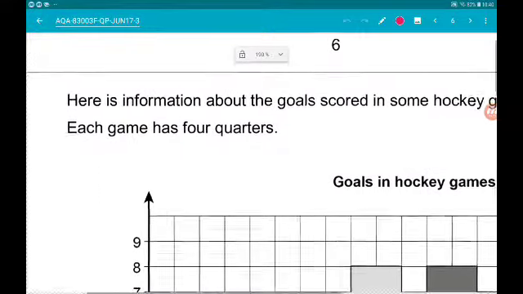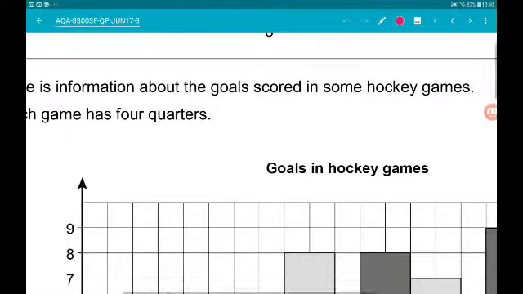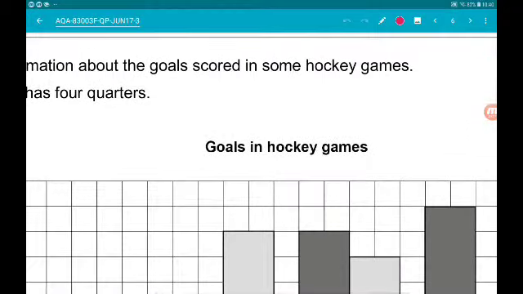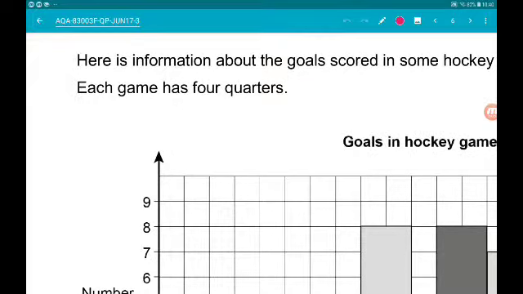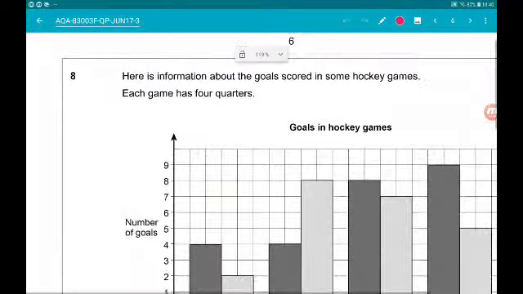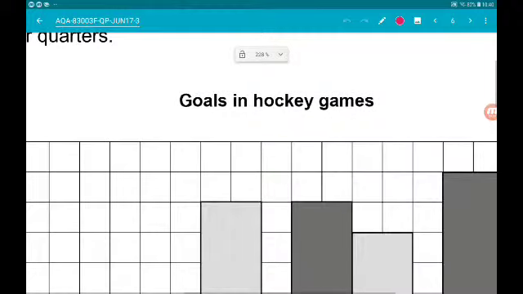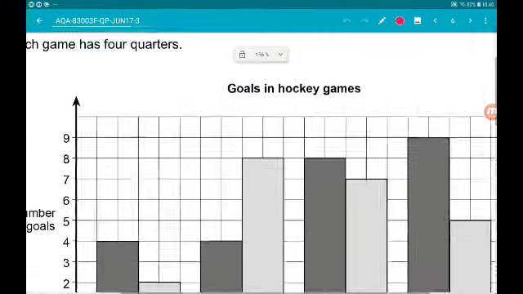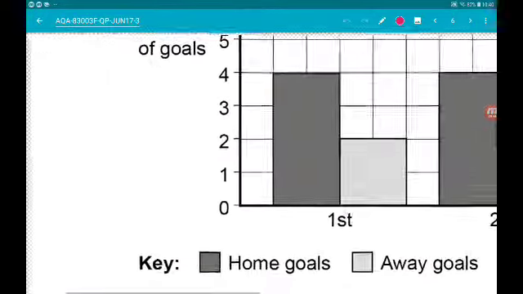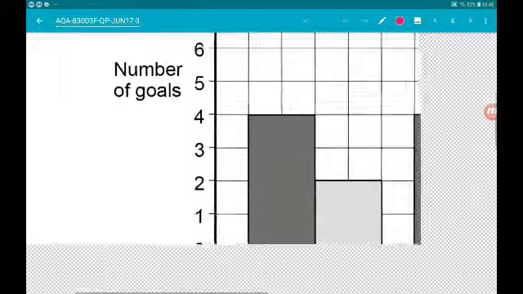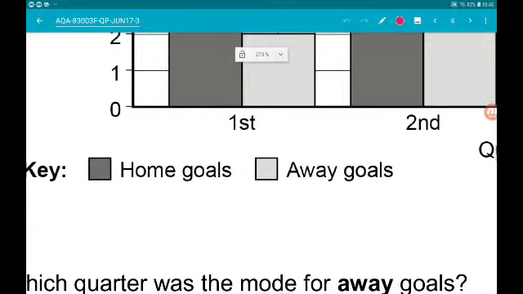Okay, so here is information about the goals scored in some hockey games. Each game has 4 quarters. So we've got the goals in each hockey game. We've got quarters along the bottom, number of goals up the side, and the key tells us that dark grey is home goals, light grey is away goals.